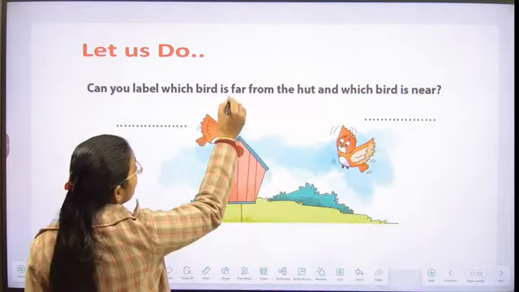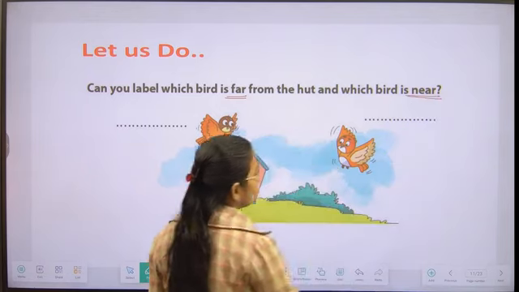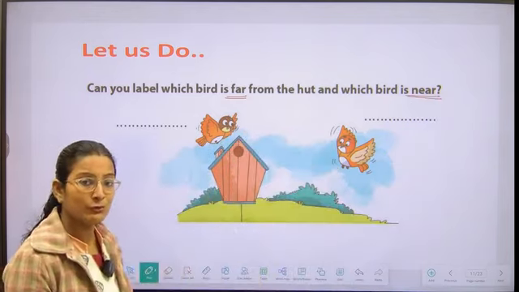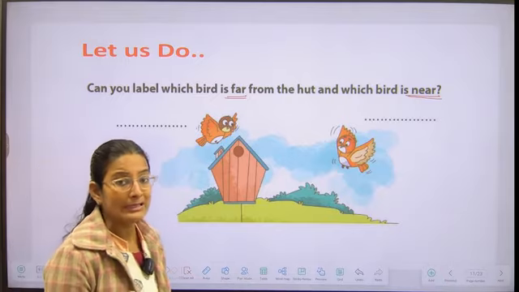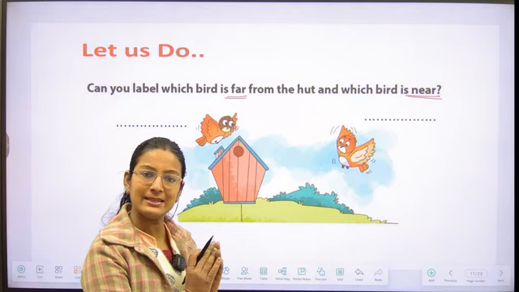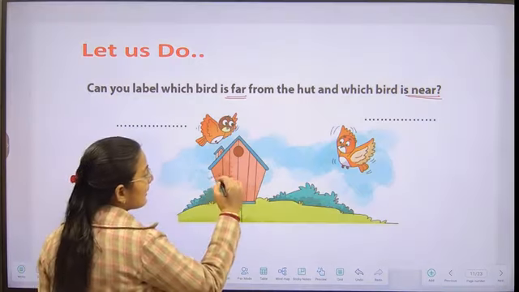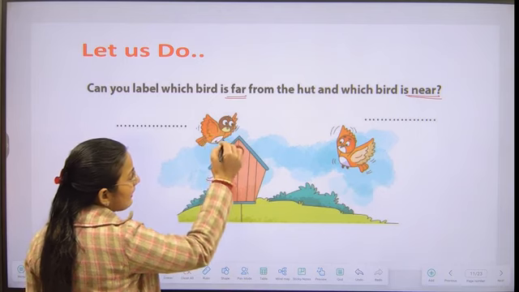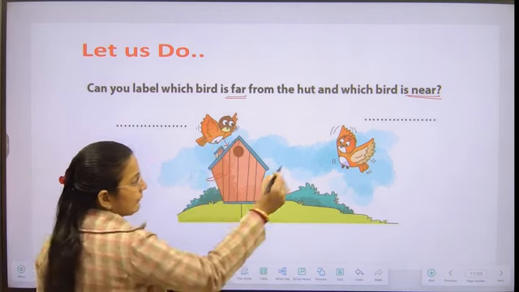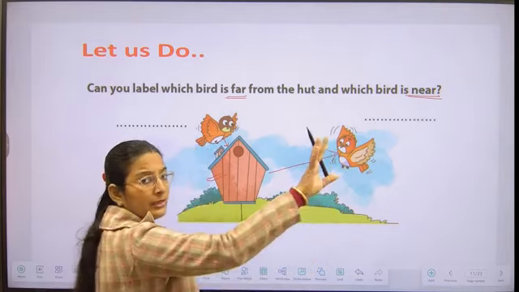Everyone knows the concept of far and the concept of near. इस क्वेश्चन में what we have to do? We have to write which bird is far and which bird is near. तो आप पिक्चर में देखिए, ये जो आपकी हट है, हट के पास ये वाली बर्ड है और जो ये वाली बर्ड है ये तो बहुत फार उड़ रही है, बहुत दूर उड़ रही है.